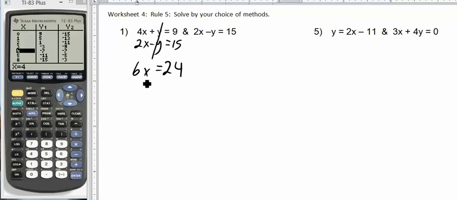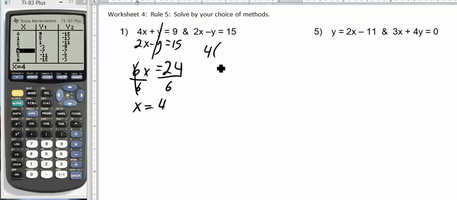Then, to get this x by itself, we divide both sides by 6. And x equals 4. So now we're not done. We have to find out if when x is 4, what's y. So we have to take this x and put it back in one of these equations.